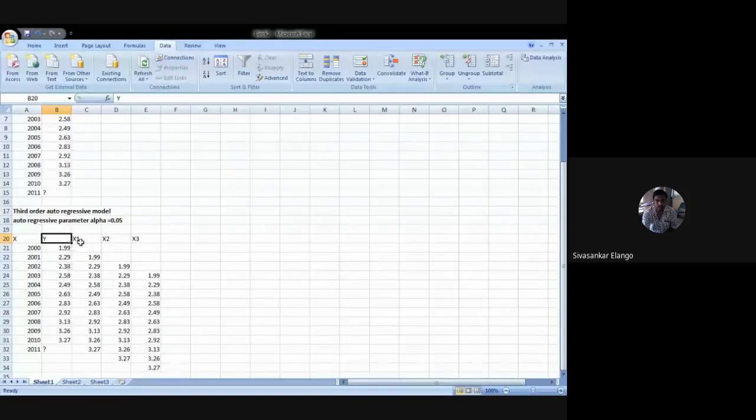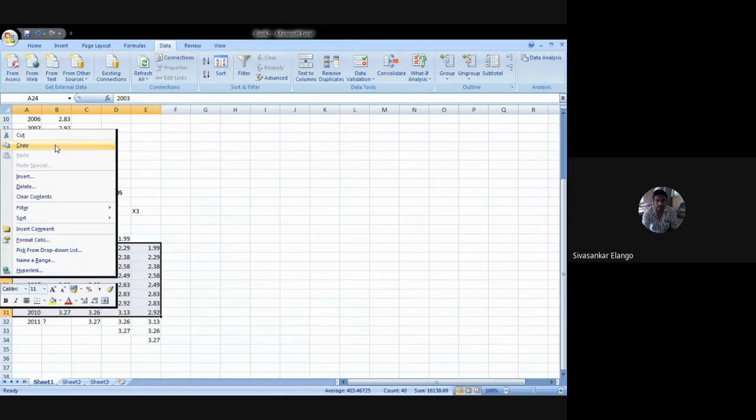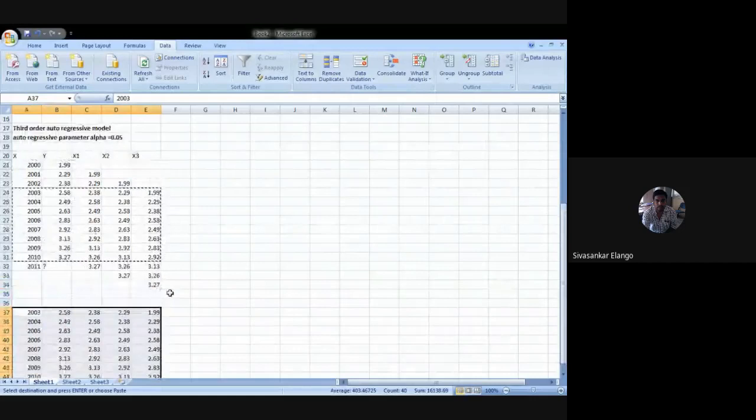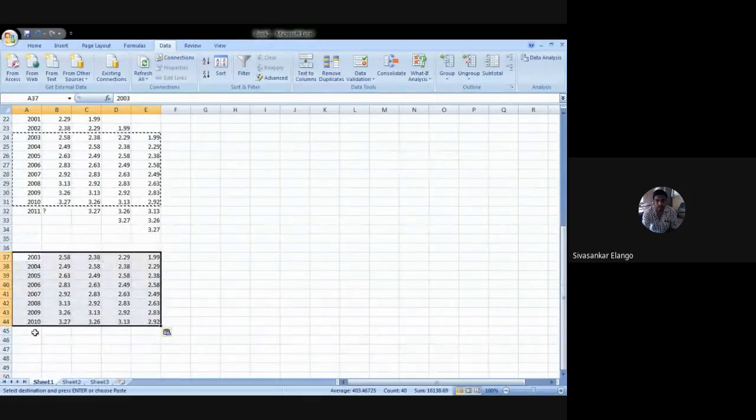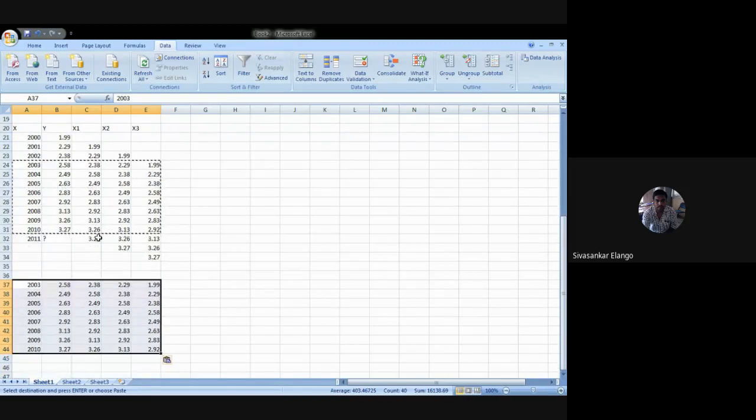Right. So we assume that you are expected to predict the sales Y. We assume that it's going to depend on the variables X1, X2, and X3. Right. So you are expected to predict it for 2011. You are expected to predict the Y value based on the value of X1, X2, and X3.